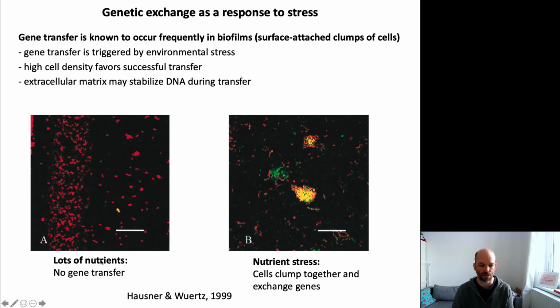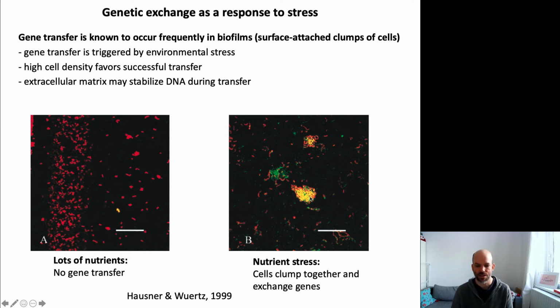They're happy, they're growing well, and everything is fine. Genes are not being transferred. And they know that because in this experiment, they cleverly tagged cells by color, such that cells would show up as yellow or green if a new gene was transferred into their genome, or at least into their cell.